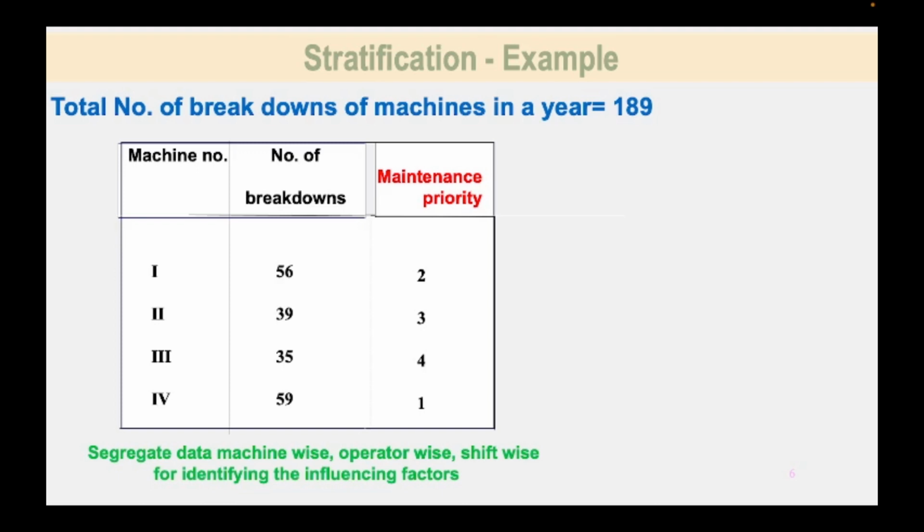Why need to prioritize? Because you may not have enough resources to solve all the problems all the time. Stratification becomes a very important tool to prioritize and gain significantly in your area and demonstrate to the management. So here what approach was adopted? Segregate data machine wise, solve the influencing factors, the factors leading to breakdown.